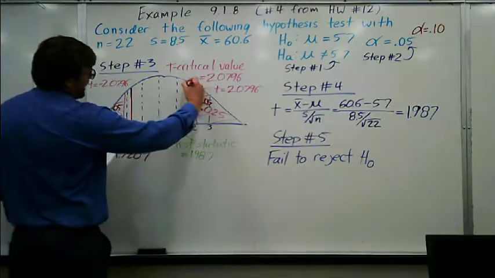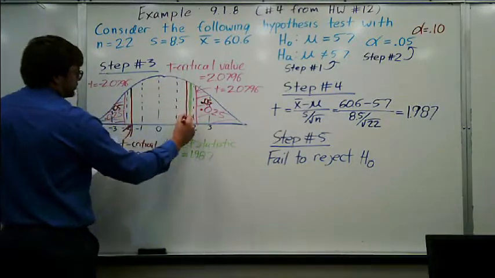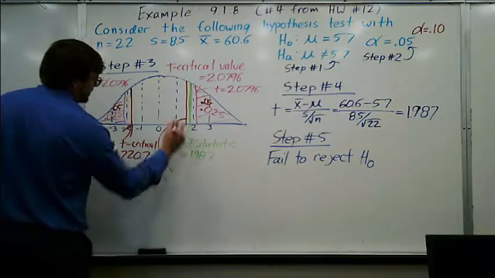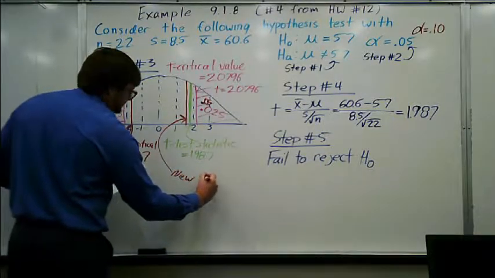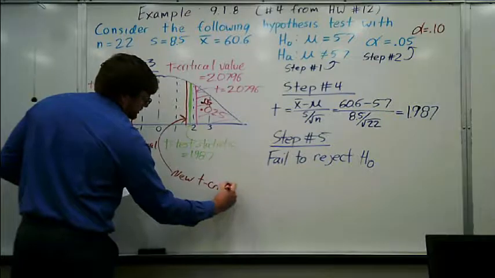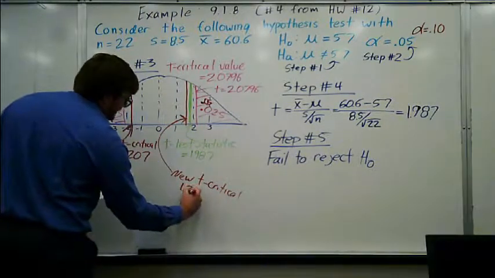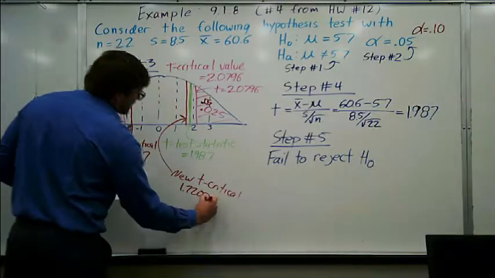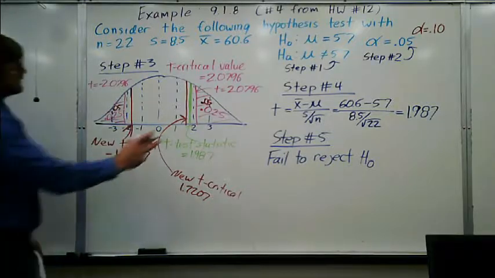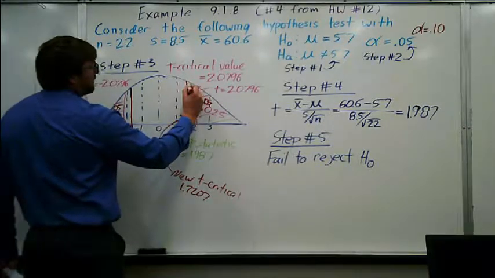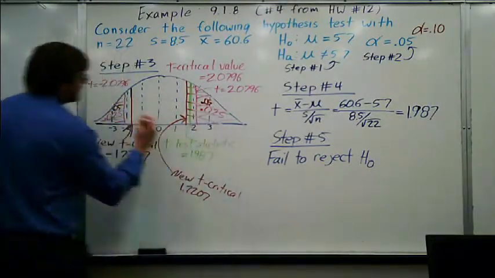And then of course we're going to have another positive one over here, our other new t critical of positive 1.7207. So now, basically, our area of rejection got a little bit larger. Everything beyond our new critical values is the region of rejection.